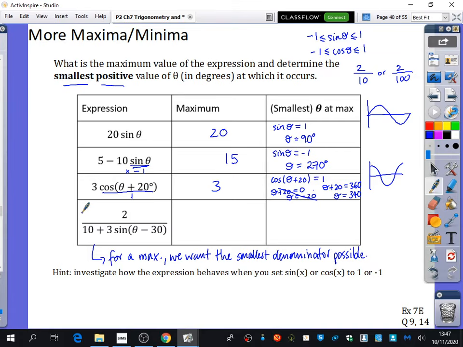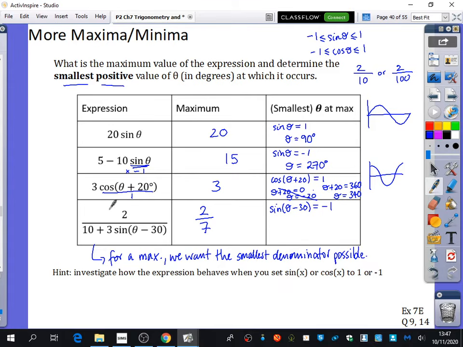Because the smallest thing that sine can be is minus 1. So you would have 10 plus 3 times minus 1, which is 10 minus 3, which is 7. So the maximum is 2/7, and this occurs when sine of theta minus 30 is minus 1.